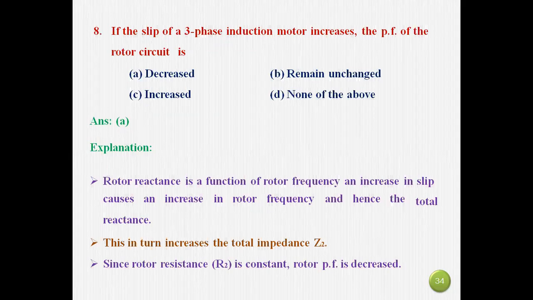Rotor reactance is a function of frequency. If we increase the slip, it causes an increase in the rotor frequency, because we have the formula Fr equal to s into F. If the value of s is increasing, then what will happen?